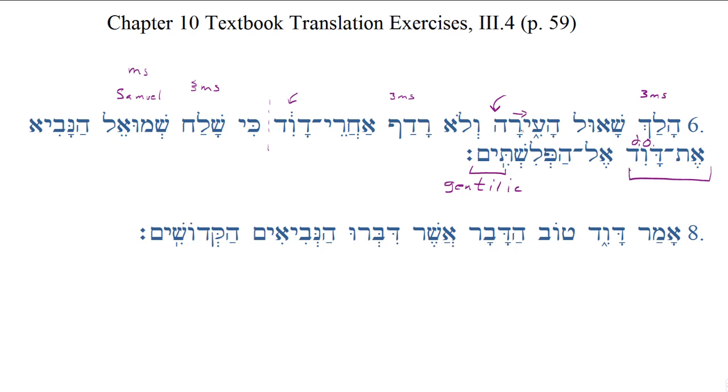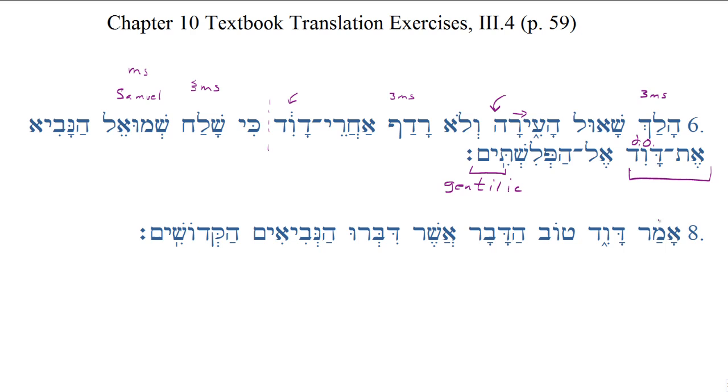Saul went to the city, and he did not pursue after David, because Samuel the prophet sent David to the Philistines. Now, in reality, this never happened. The Bible has no record of Samuel ever sending David to the Philistines. David went to the Philistines, but Samuel didn't send him. But it's a learning tool, even though it's not historically accurate.